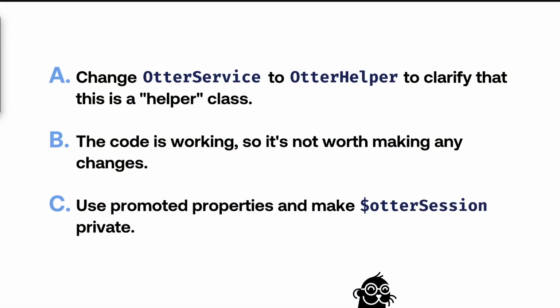Reviewing the answers, we have the 3 different options, starting with option A, which again is to change OtterService to OtterHelper to clarify that this is a helper class. Because of Magento 2's shift, or really a push towards using more specific and a single responsibility focus in the architecture, there's really been kind of a turn-off from using the helper word in a class.